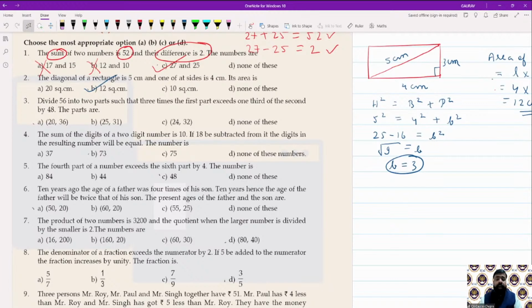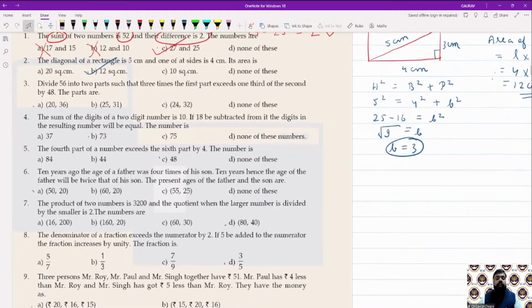Third one. Divide 56 into two parts such that 3 times the first part exceeds one third of the second part by 48. Now here you have to understand the language very carefully. What are we supposed to do? Divide 56 into two parts.